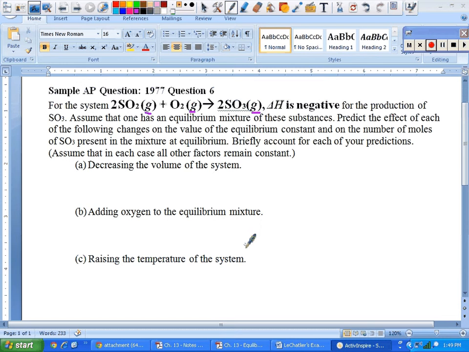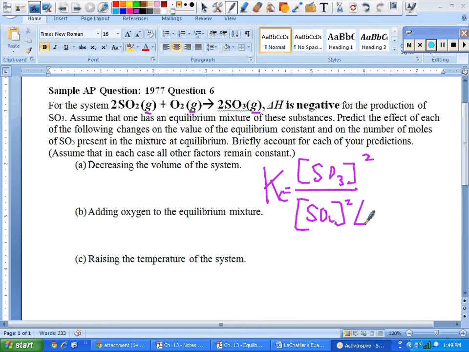So you can do the KP. I'm going to write both of them for you. So the KC is using brackets. It's SO3 raised to the second power over SO2 raised to the second power using brackets, and then finally we have O2 in brackets. Now, KP is going to use what? Parentheses. Now, it's not only parentheses, but it's that P as well.